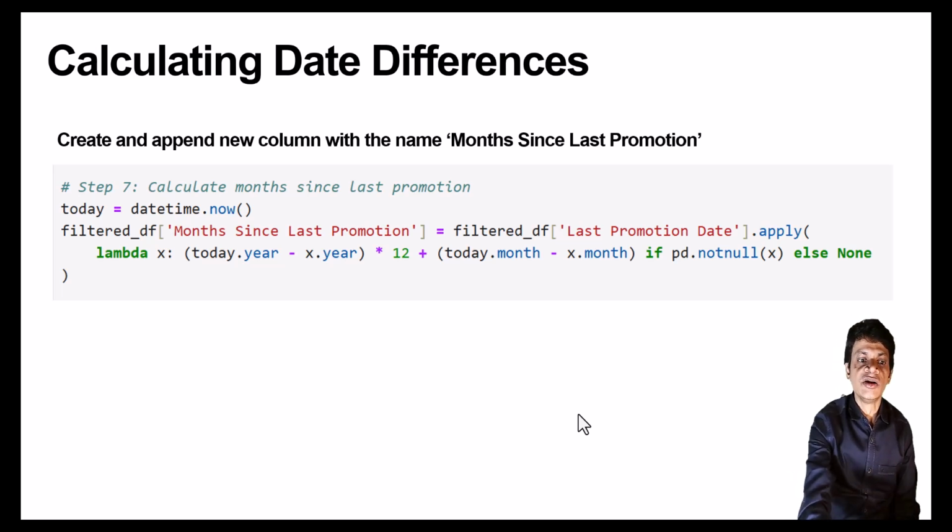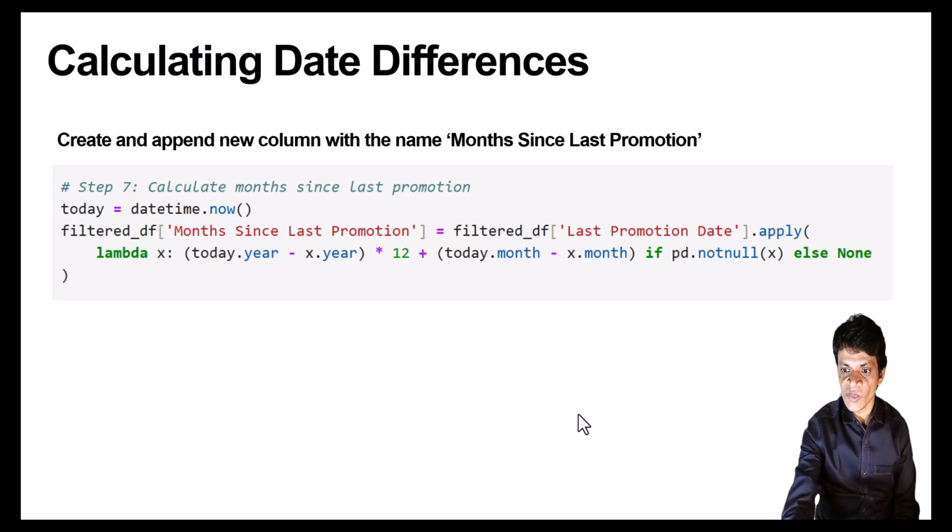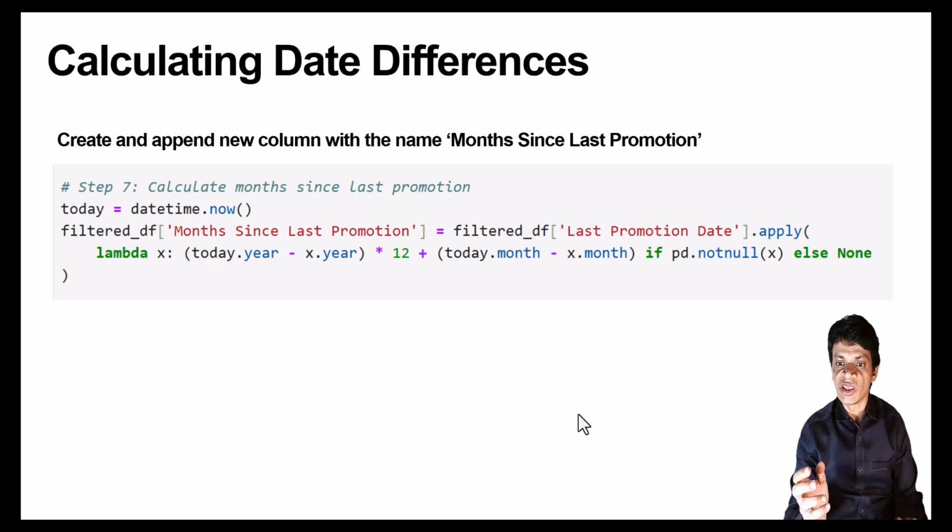And after that, filter DF. Here, if you see, months since last promotion. This is the new column which we are creating by applying this business logic. We take the last promotion date, extract the year and apply the month, extracting from today with the last promotion date, the same way today's month minus month, so that it gives you the final count as an integer.